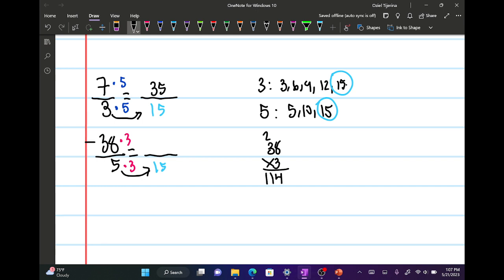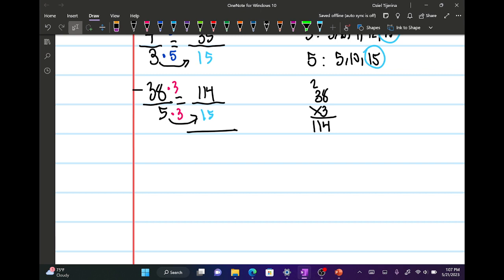Now they have the same denominator, so we can just subtract straight across: 35 minus 114, all over 15.